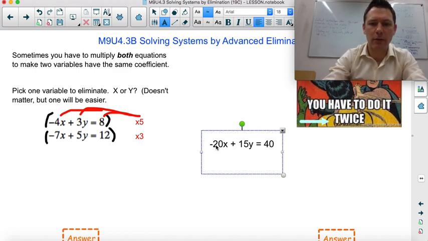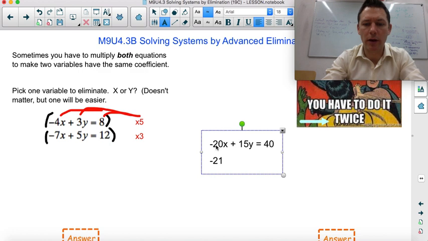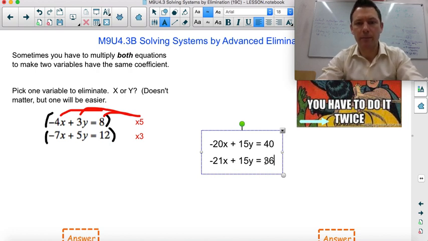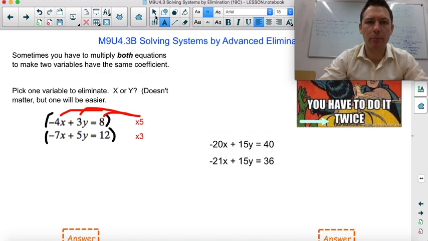Cool, and then in the second one you get negative 21x plus 15y, and that gives 36. Cool, so that's the bottom equation.